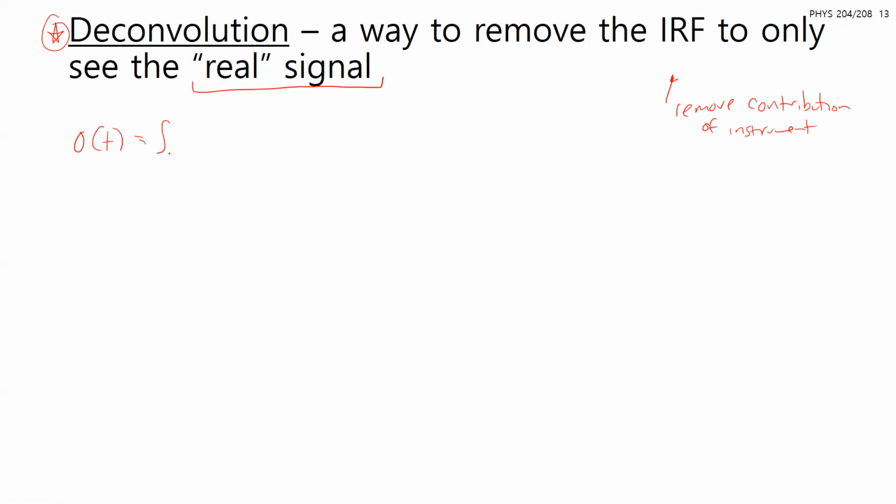And if we define convolution based on this integral, this is what we're defining as the convolution of our signal and the instrument response function. And we can also say that our output, the convolution of these, is equivalent to taking the Fourier transform of the product of those in frequency.